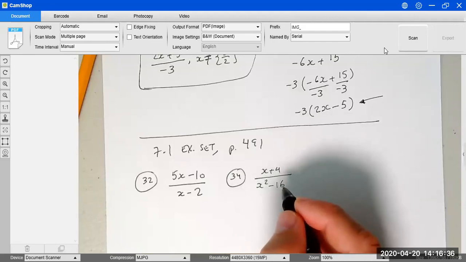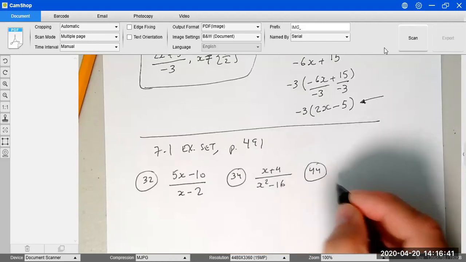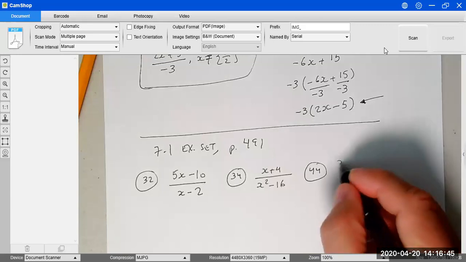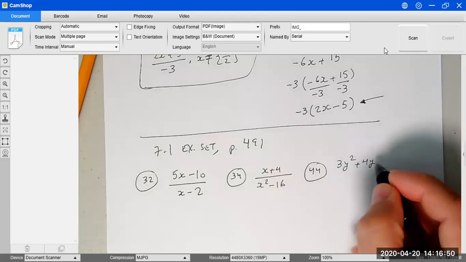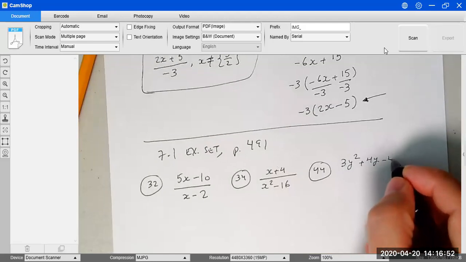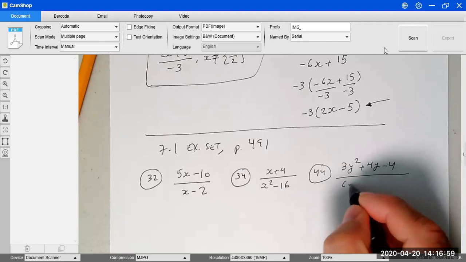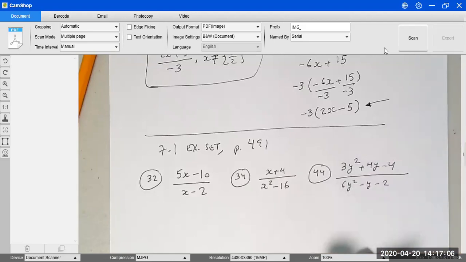Then we have problem 44. Problem 44 is 3y squared plus 4y minus 4 over 6y squared minus y minus 2. So this is a problem that looks like the ones that we have in the final exam.